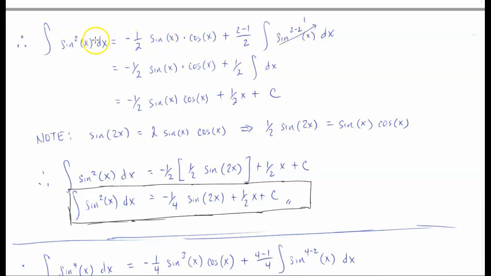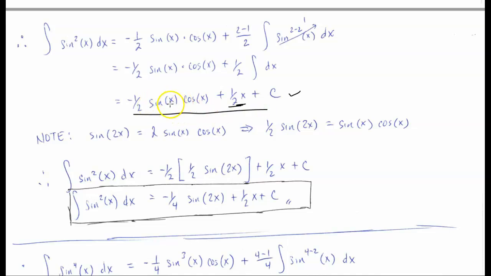Since n is 2, this ends up being just some constant, and the antiderivative of a constant is just going to be a linear term. That's how we get the 1/2 x there. And that ends that.